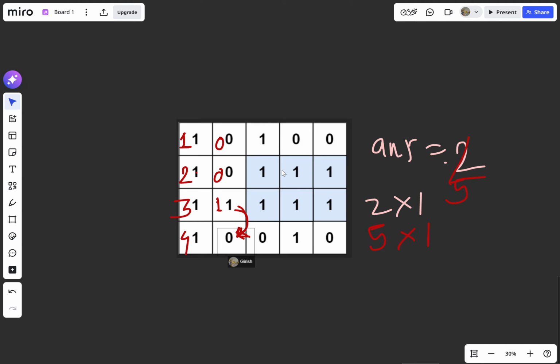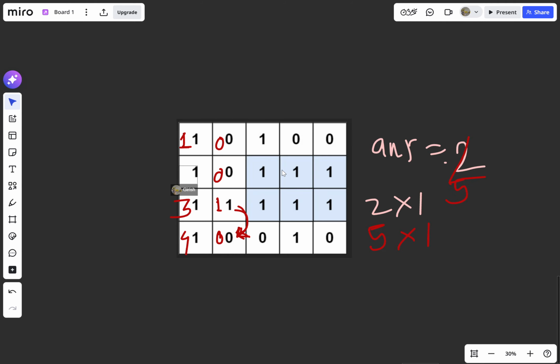But now here 0 is present, so we will only write a 0. Our continuous chain of ones has broken now, so we have initiated our prefix chain of ones with 0 again.